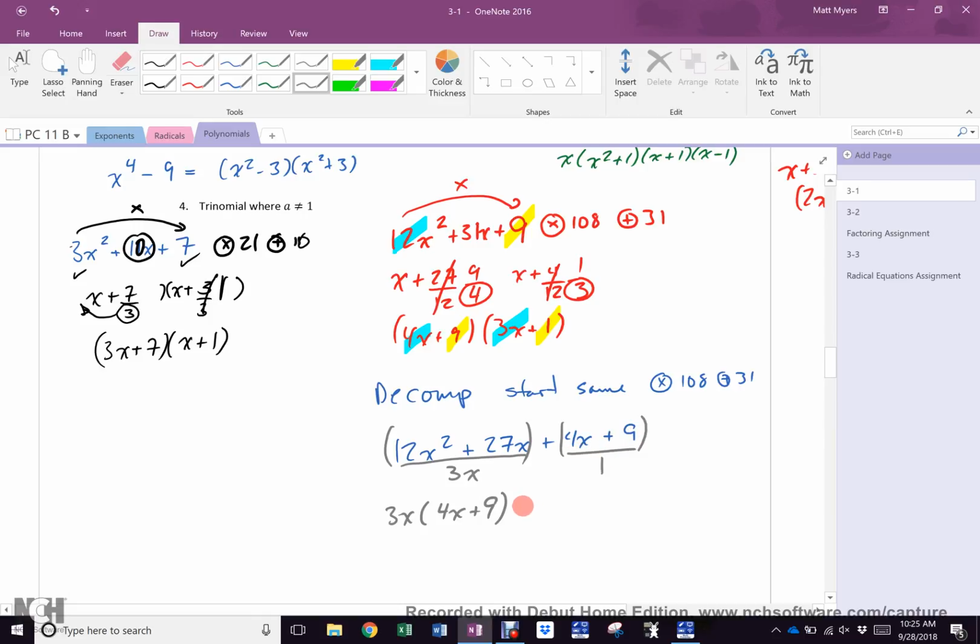Divided by 1. So you bring out a 1, and that leaves 4x plus 9. Then you can see 4x plus 9 and 4x plus 9 are both multiplied by 3x and 1, yes? So they're both factors. So they're a GCF now. So we take them out. We divide both sides by 4x plus 9, cancel, cancel, and I'm left with 3x plus 1.